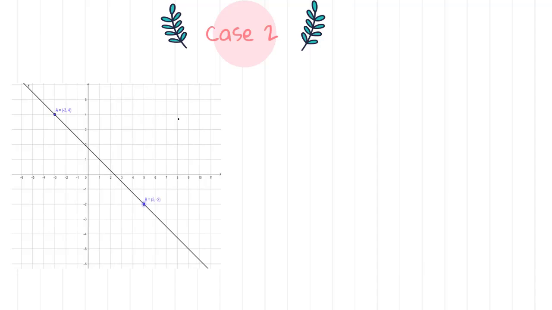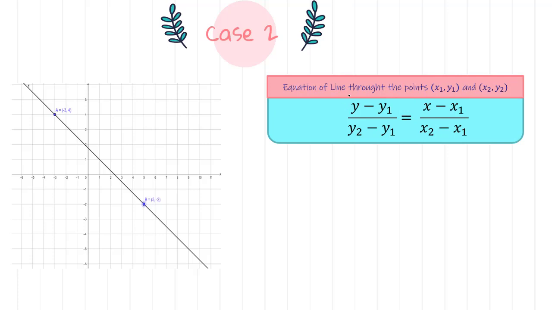In this picture, you can see this line goes through 2 points, A and B. So if this line goes through 2 points, we can use the formula (y - y1)/(y2 - y1) = (x - x1)/(x2 - x1).